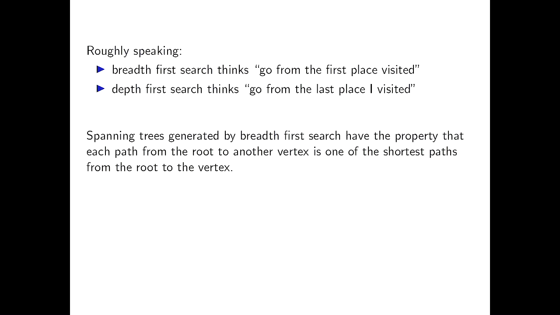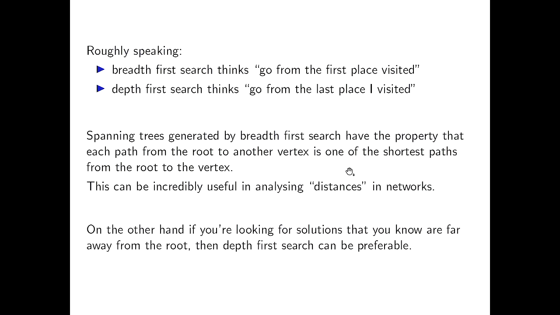If, for example, you're looking at the graph of a social network, and you're playing Six Degrees of Kevin Bacon or whatever, you're trying to find how many steps you are away from someone else, then you want to do a breadth-first search, right? Depth-first search isn't going to tell you anything, but breadth-first will. Okay, so very useful in analysing distances in networks.